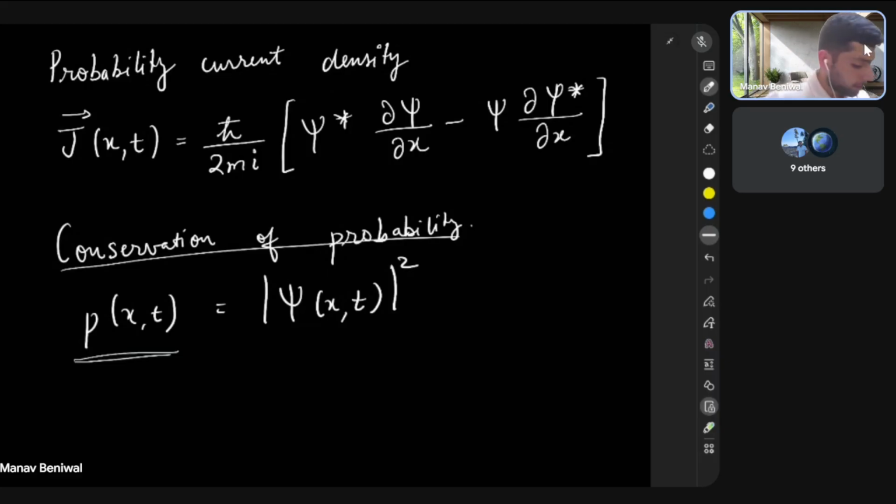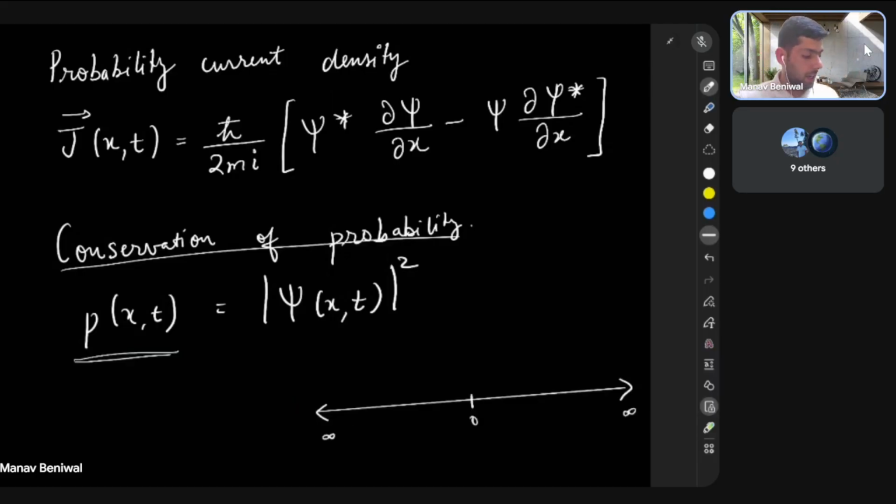What I am trying to say is, if this is your entire x axis, from minus infinity to infinity, and let's say at t equals 0, your probability looks like this, and at a later time your probability looks like this. If we just consider the position x equals 0, what is happening is our probability of finding the particle is decreasing.